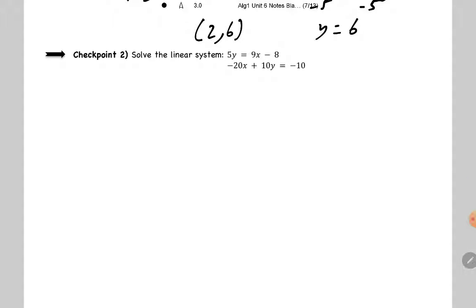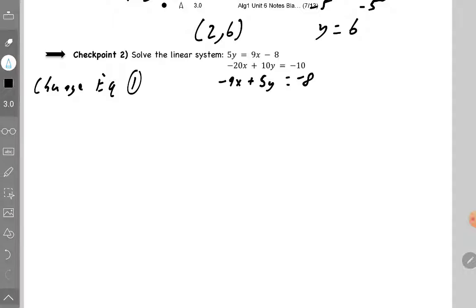Alright, solve the linear system. Here we go again. So this time, let's rearrange the first equation. I'm just going to subtract 9x over. So I have negative 9x plus 5y equals negative 8.